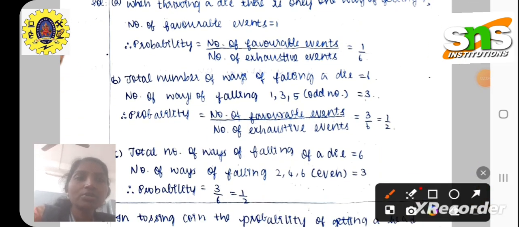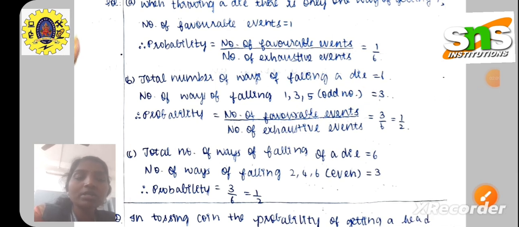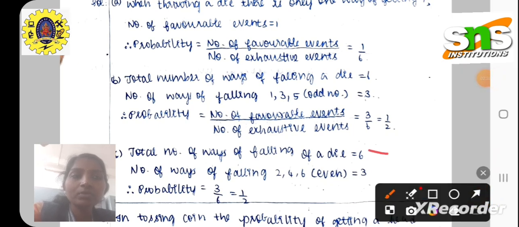Now what is the second question? Second question is, you are going to have the odd numbers. What are the odd numbers that can be got in throwing a die? 1, 3 and 5. As usual, total number of exhaustive cases is 6, represented in all the 6 faces of the die, which is 1, 2, 3, 4, 5, 6.